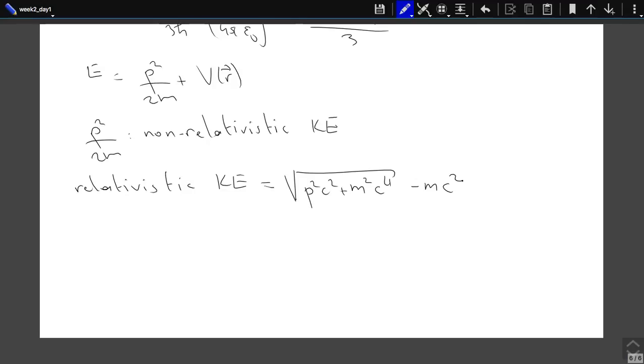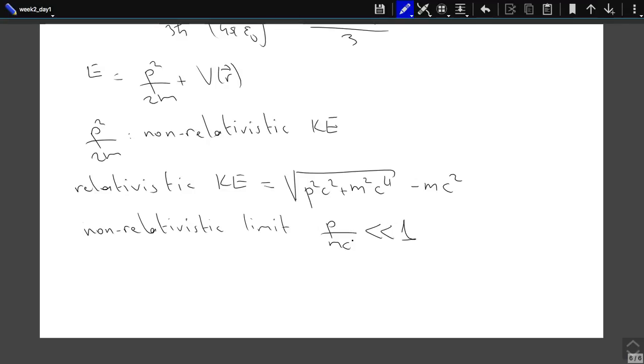The rest is the kinetic energy. So are you familiar with this one? Now the non-relativistic limit is the limit when p c over m c squared is much less than 1, or p over m c. This is the non-relativistic limit.